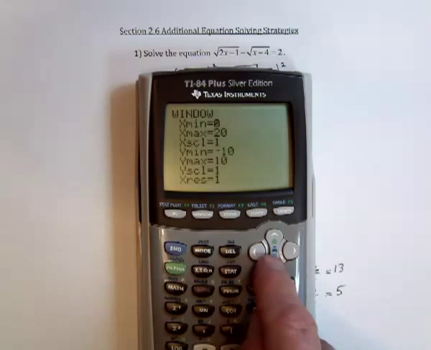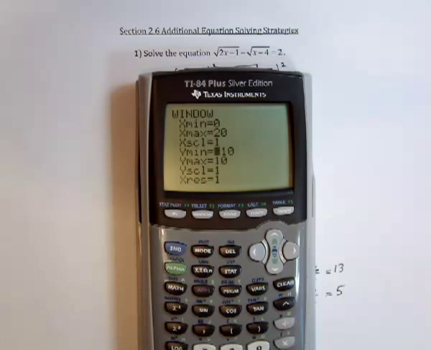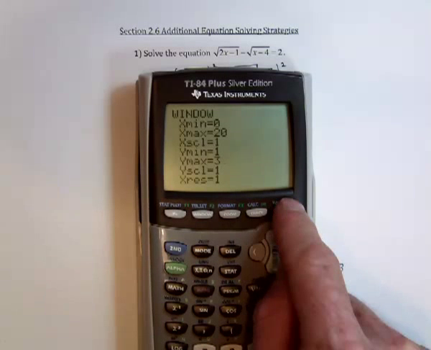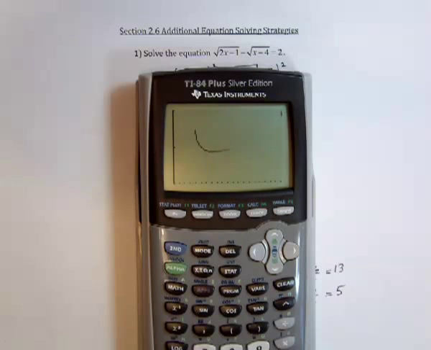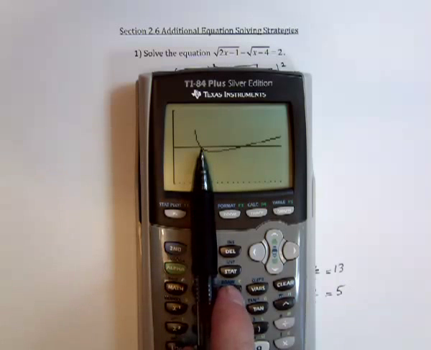Go back to the window and have the y values stay around 2. So maybe from 1 to 3 would do it. Let's take a look. So there goes the graph. Looks sort of like a Nike swoop. That's better. So then we can see there are 2 places where they intersect.